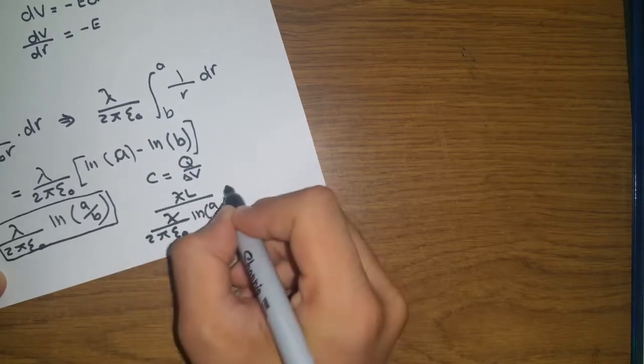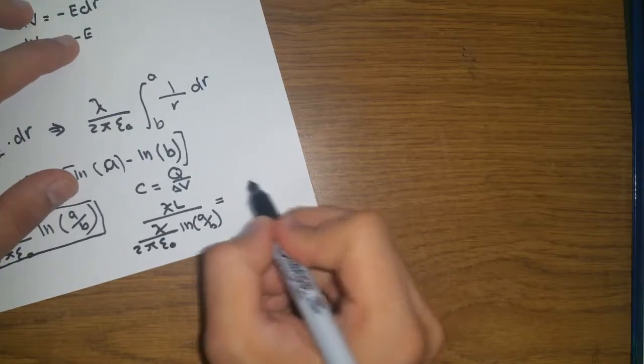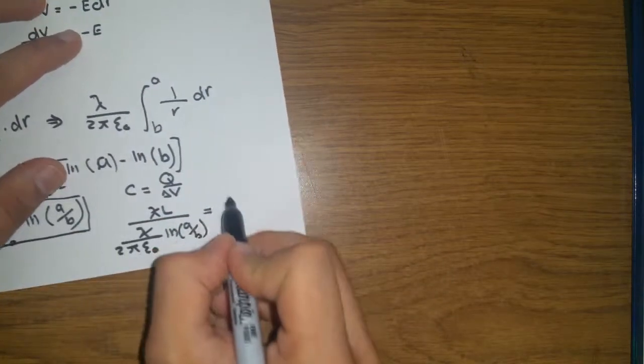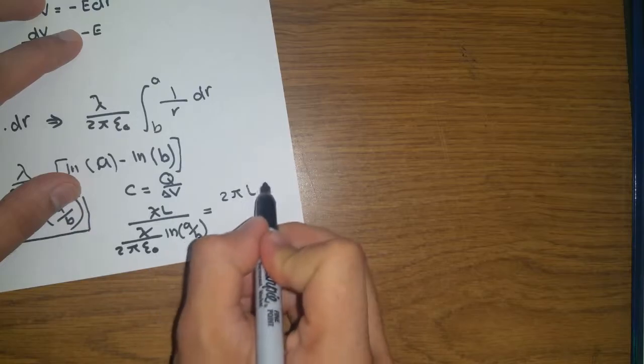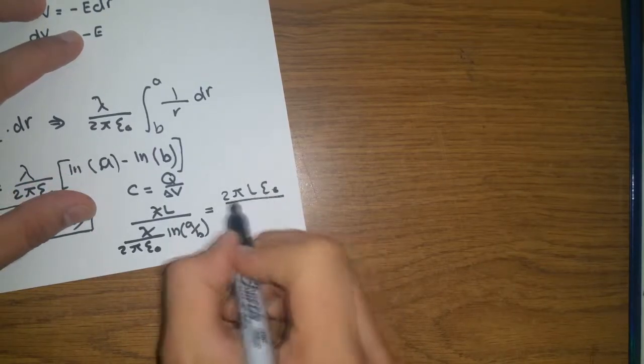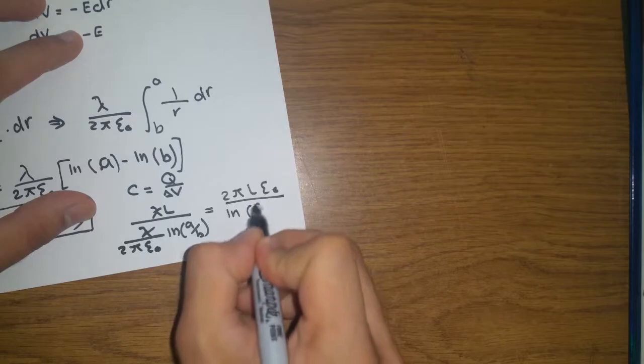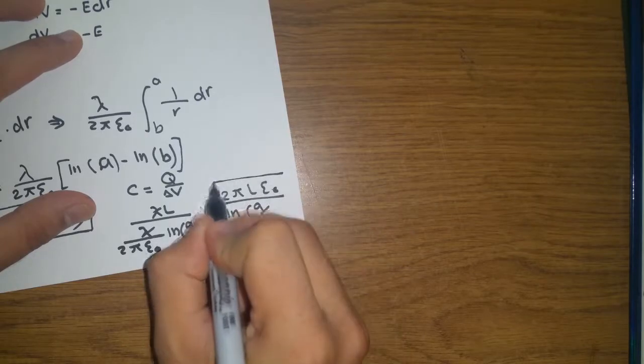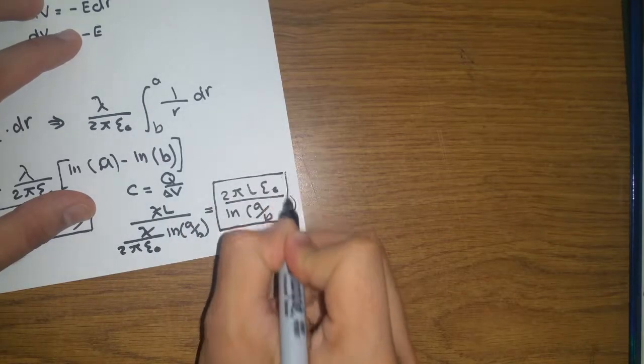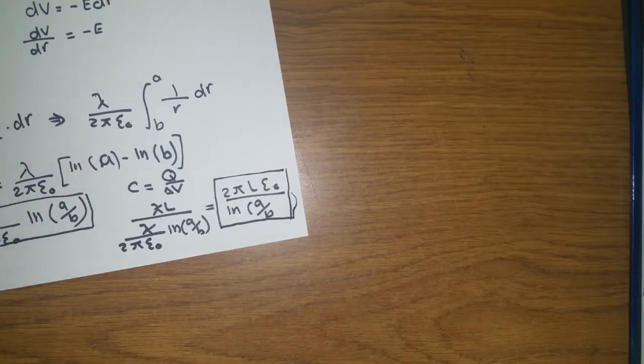Lambda and lambda cancel out, and this is going to be 2 pi L epsilon naught over natural log of a over b. That is the capacitance of cylindrical shells.